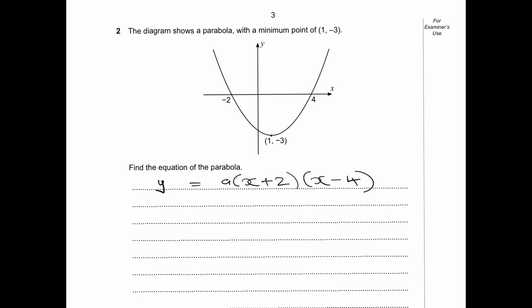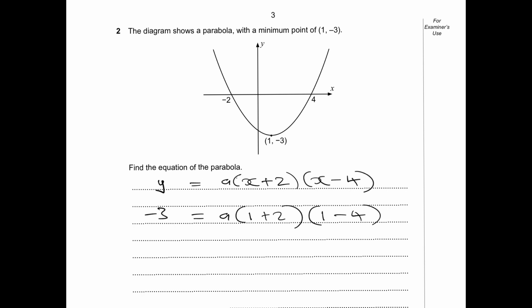Okay, so we can do that. Our y is negative 3. So we have negative 3 is equal to a, and our x is 1, so (1 plus 2)(1 minus 4).